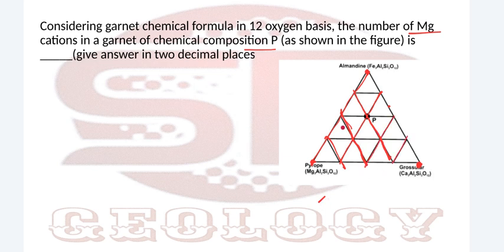This is called a triangular composition diagram, where we calculate the composition. Any point you represent within the diagram contains all 3 components in different proportions. We will study this elaborately in the petrology part.